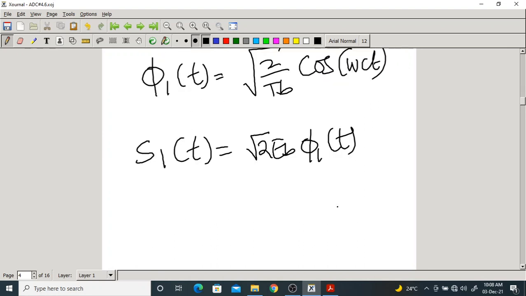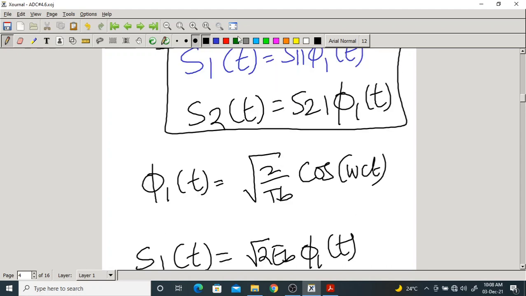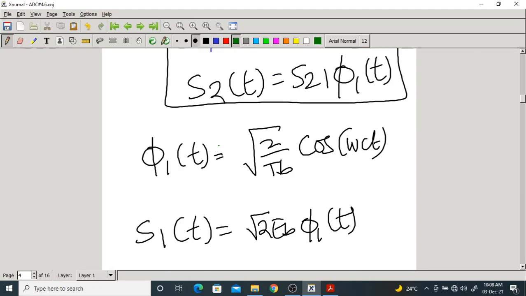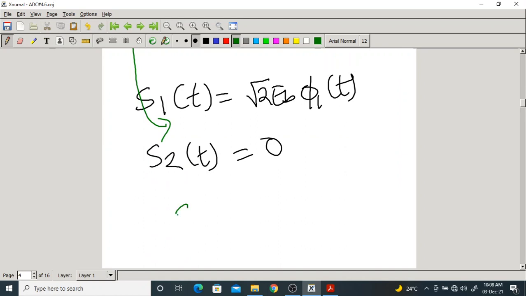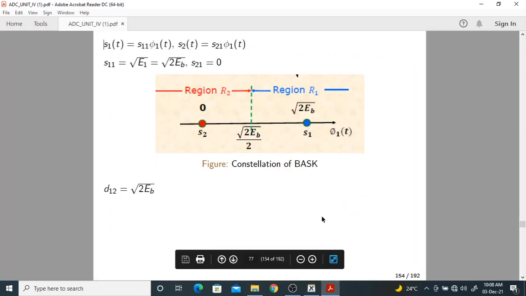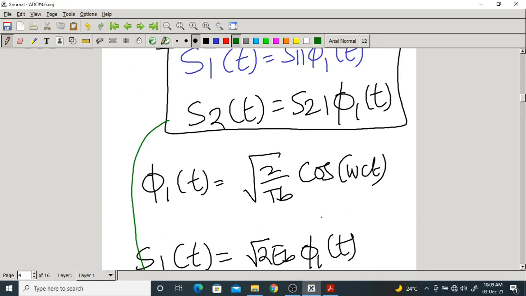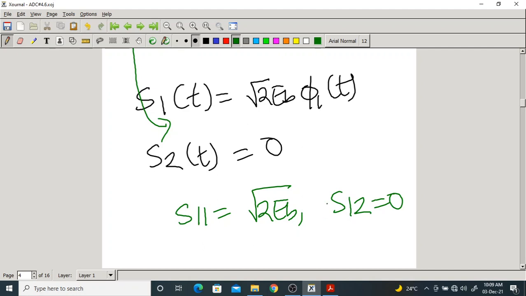This is s1 of t. What is s2 of t? 0. So compare these two with these two. What is s11? Root 2 EB. s21 is 0. Sorry, this is s21, no? Yes, s21.